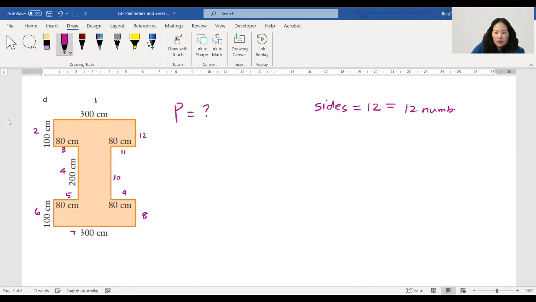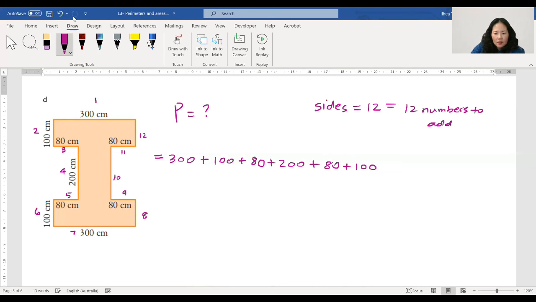So that means 12 numbers to add up. I'm going to write them all here, starting with number 1, 300 plus 100 plus 80 plus 200 plus 80 plus 100 plus, so we're up to number 7, 300 plus.